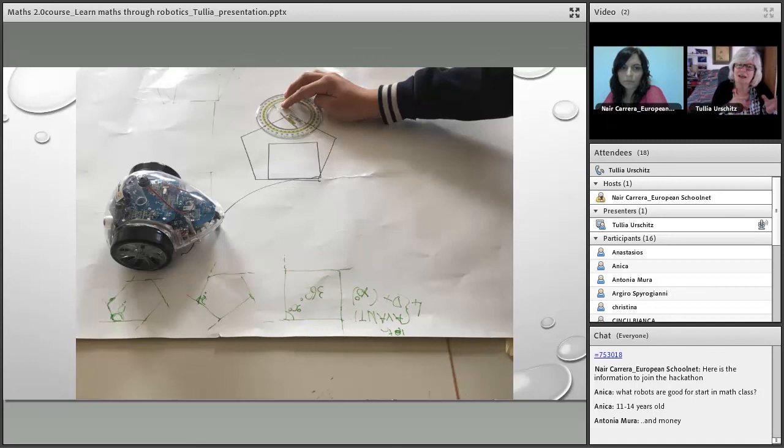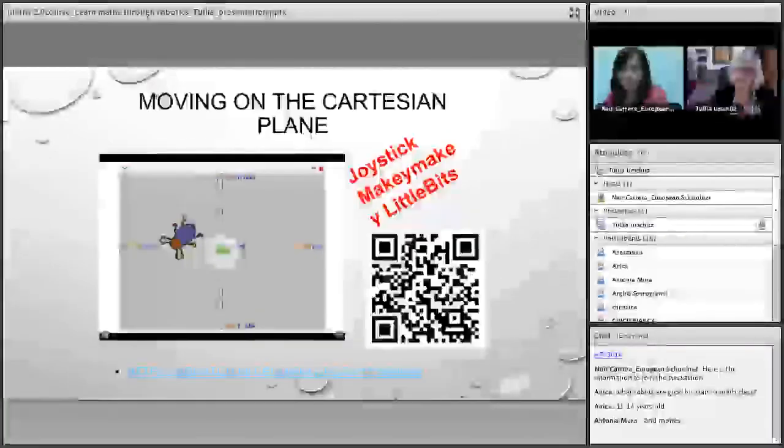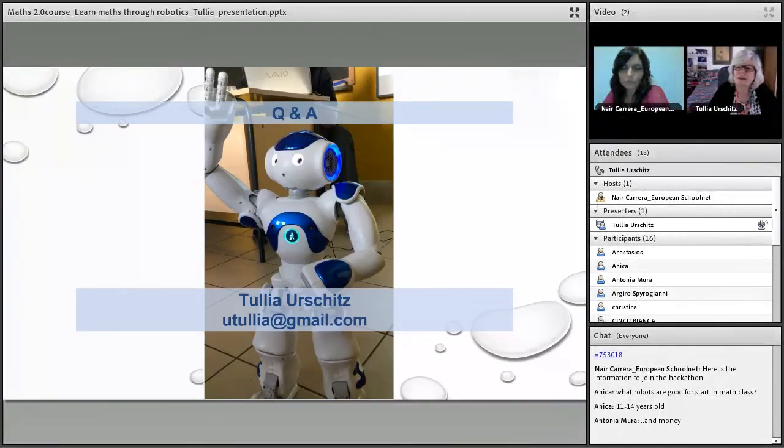So for instance, if you ask them to make a robot working as a rescue robot, you speak about an earthquake. In Italy we had a lot of earthquakes. You put some stuff in the class, so you can speak about orientation, and they have to follow a path.